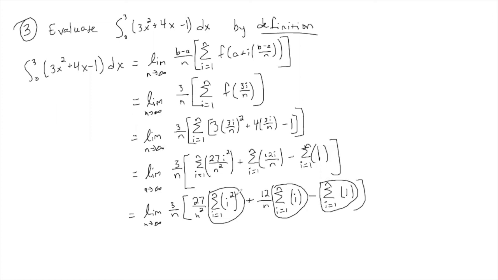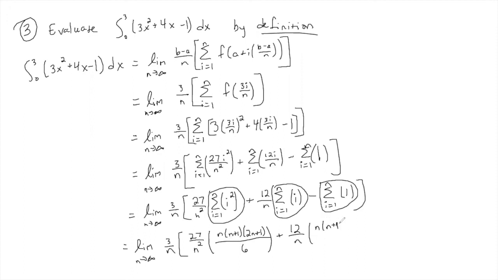These two being the easier ones, this one I probably have to think about a little bit to try to remember it, but I think we can figure it out. 3 over n times 27 over n squared times n plus 1 times 2n plus 1, I believe that's right, all over 6, plus 12 over n times n plus 1 over 2 minus n.